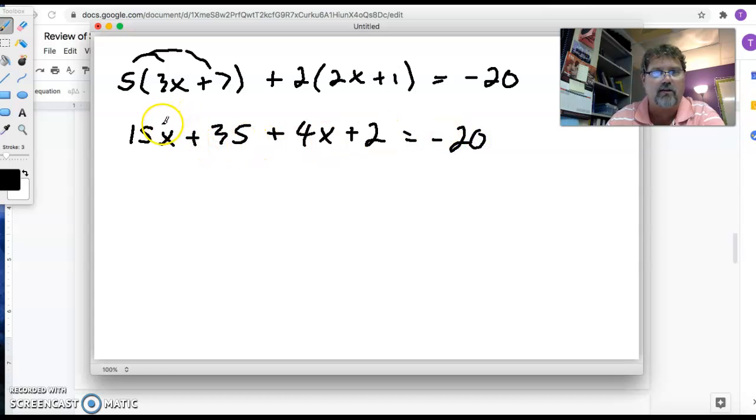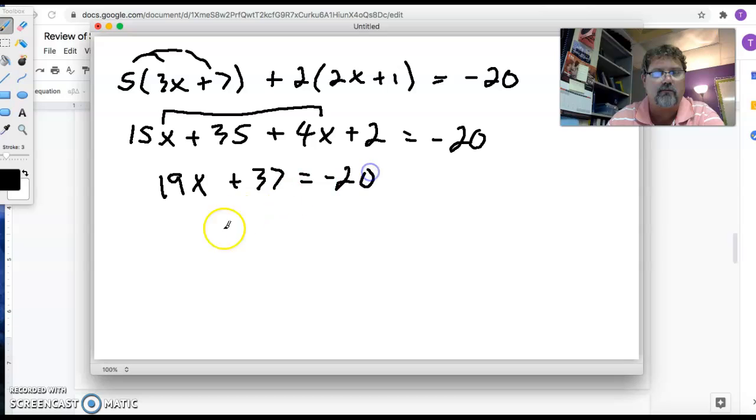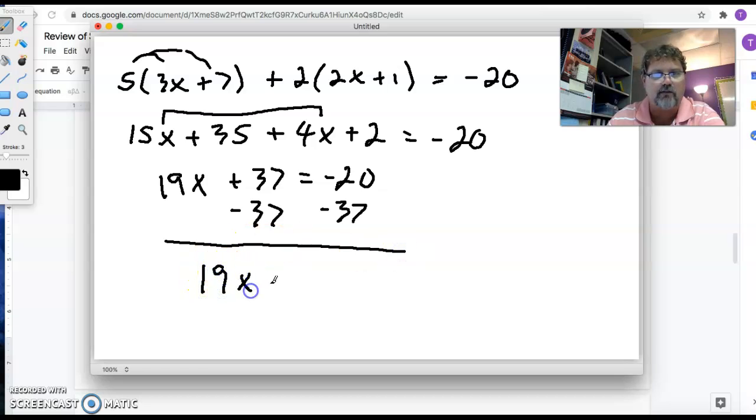All right, combining like terms. Remember, simplify each side. That's 19x plus 37 equals negative 20. Next, I think we need to subtract 37 from both sides, and we find that we now have 19x equals negative 57.